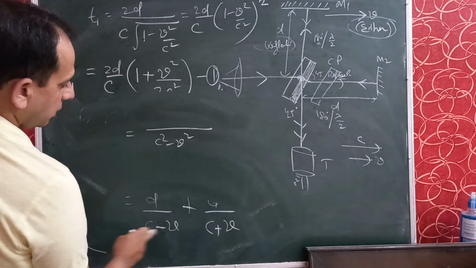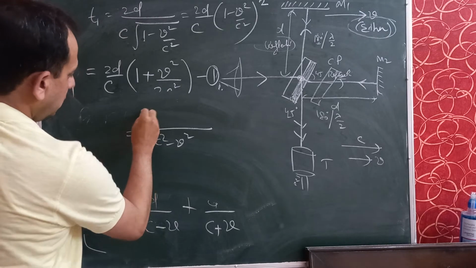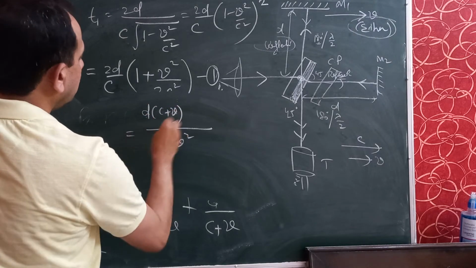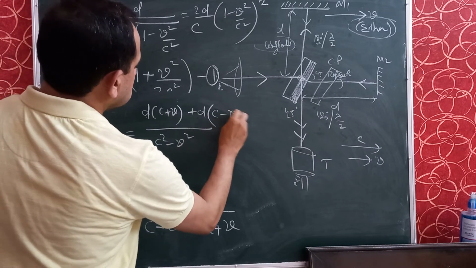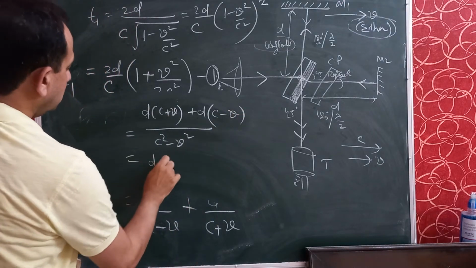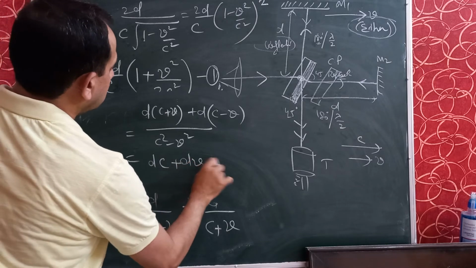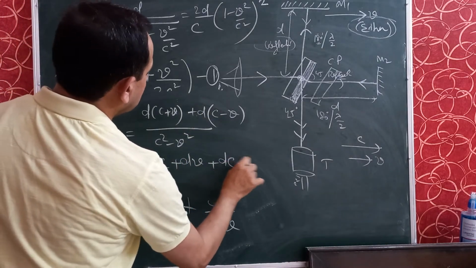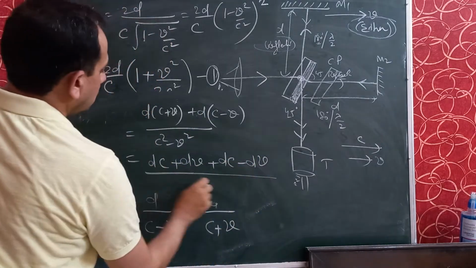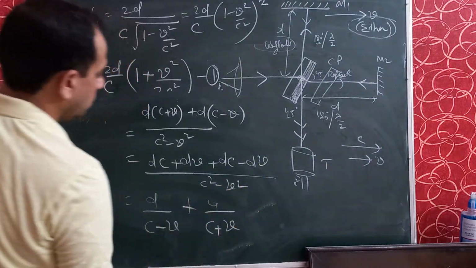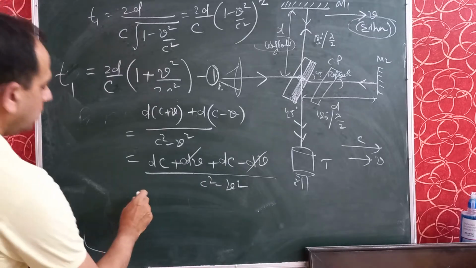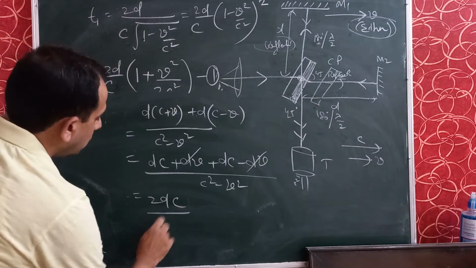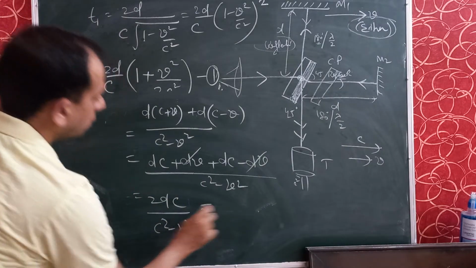It is d into c plus v, and plus d into c minus v. It is dc plus dv plus dc minus dv over c square minus v square. Now the dv terms cancel. It is 2dc over c square minus v square.